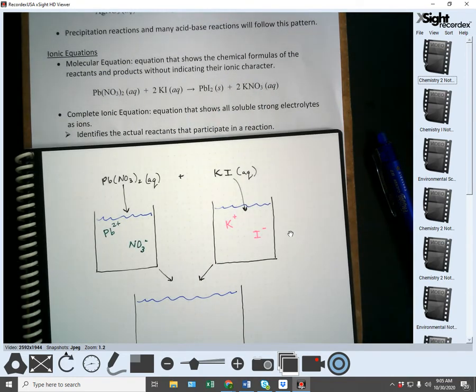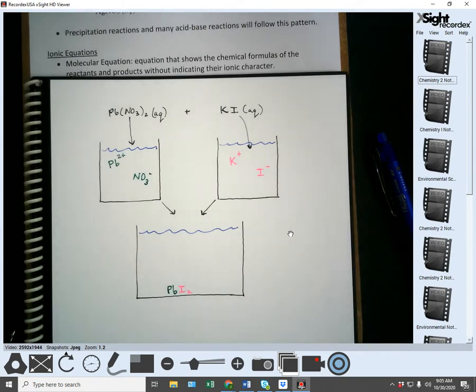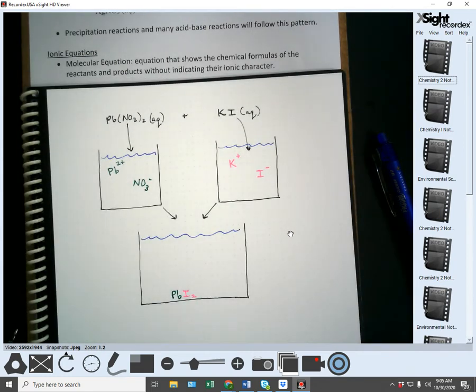So we're going to have the PbI2 combining and forming a solid. What's left over?